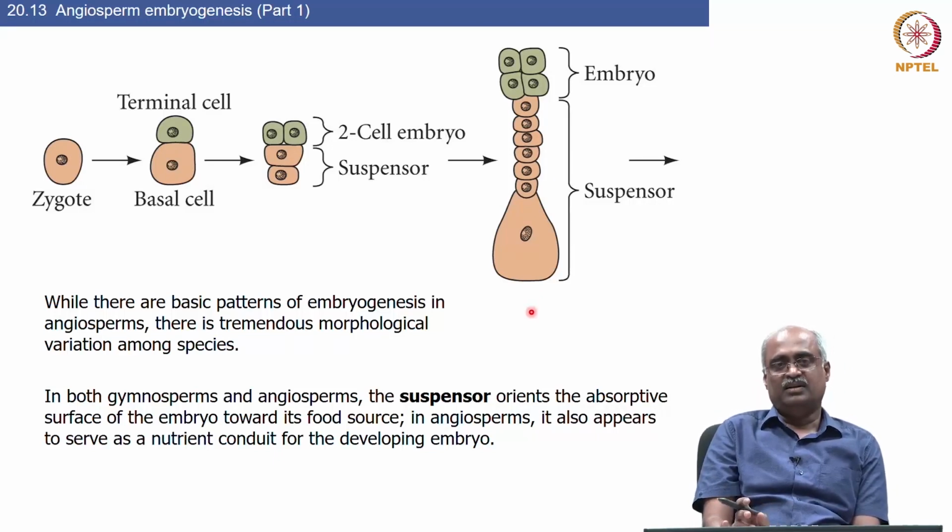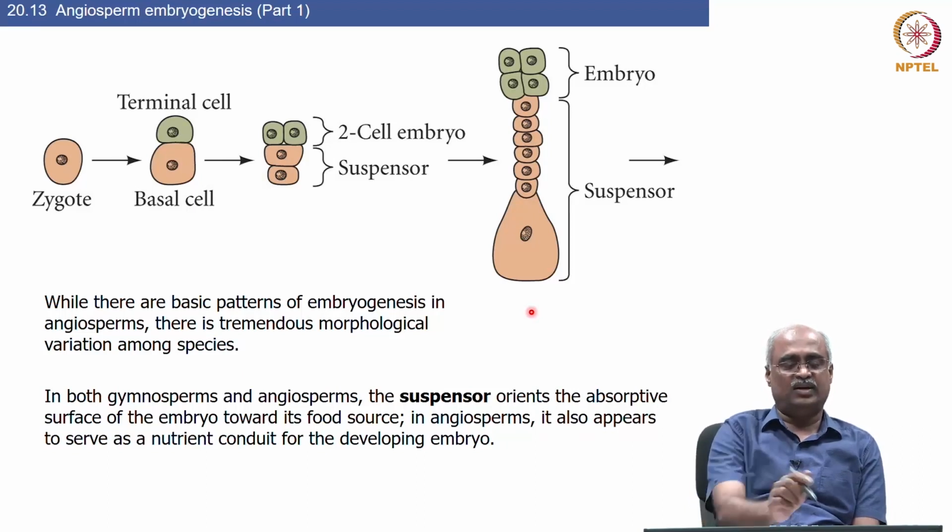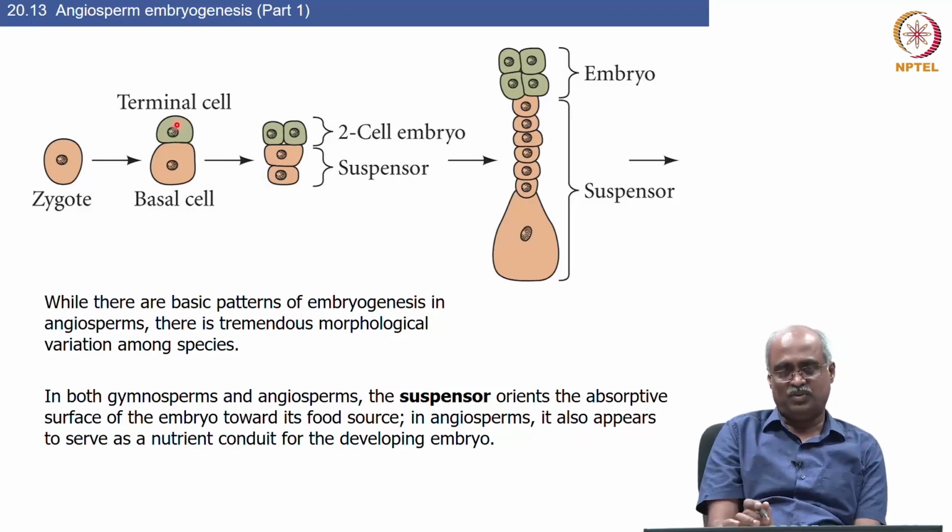You have an asymmetric division producing one cell at the top, which is going to form the embryo proper, called the terminal cell, and then another one called the basal cell, which divides to produce a structure called the suspensor. So this basic pattern is common in the embryogenesis of angiosperms, but among the different flowering plants you have tremendous morphological, that is shape, variations on this basic theme.